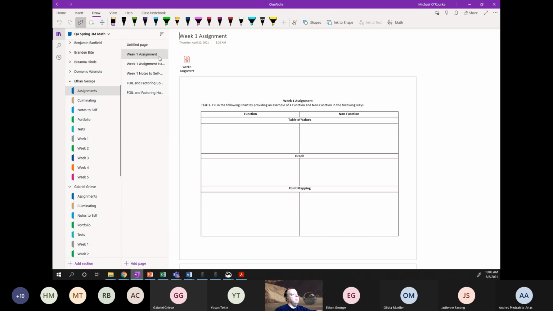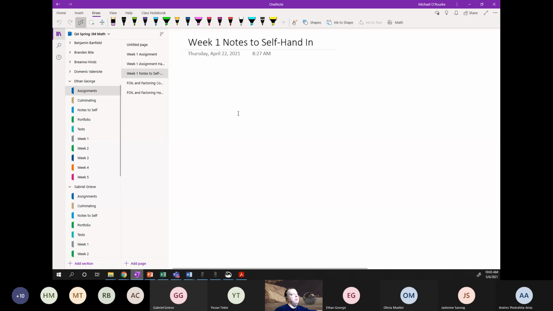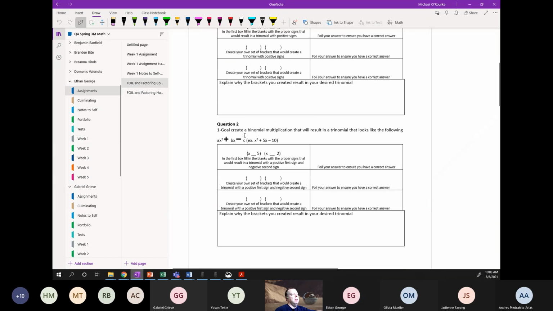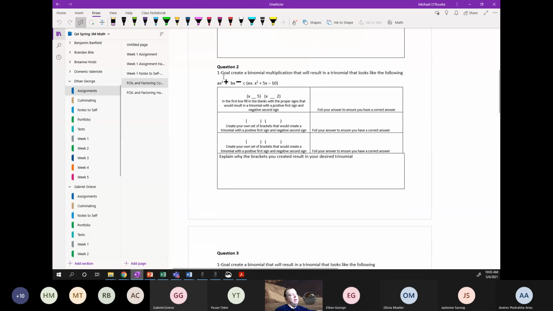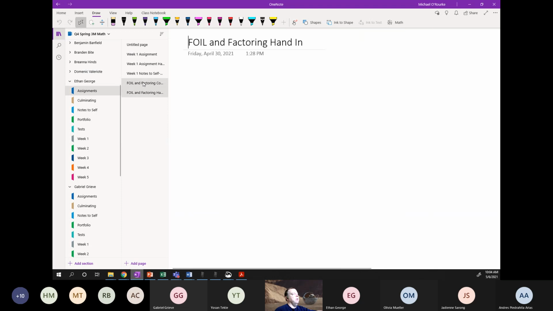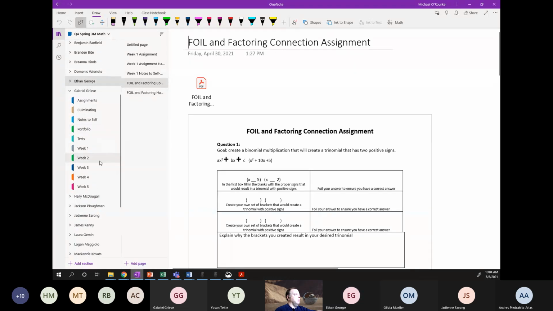Yeah, just week 1 assignment. And then notes of future self week 1. That's the hand-in part. I think the blank ones are in your notes of self folder. There's where the blank is. Then you have this one too, the foil, the logic here. And we've talked kind of through this. Is like, how do I make the negative there? As we go through, right? Okay. Thank you. No problem.